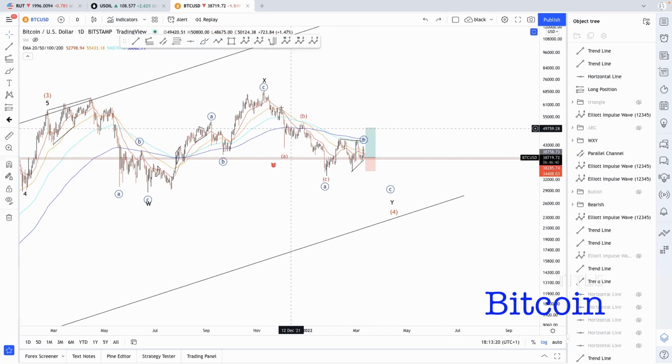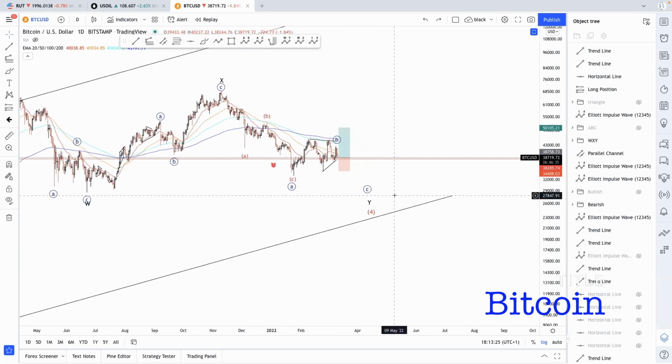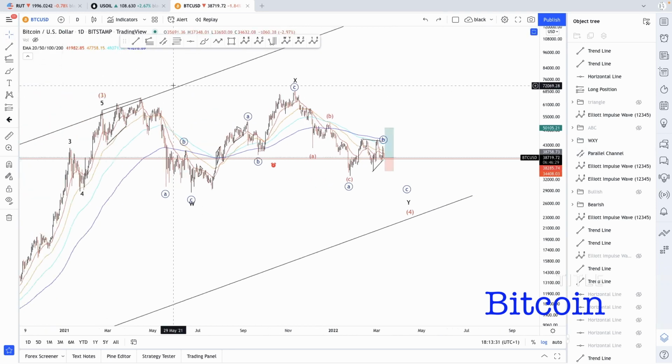So either we have a complex A, B, and C, which is possible. This is a bit more complex Elliott wave, but there's a debate whether a complex correction should be only zigzags.